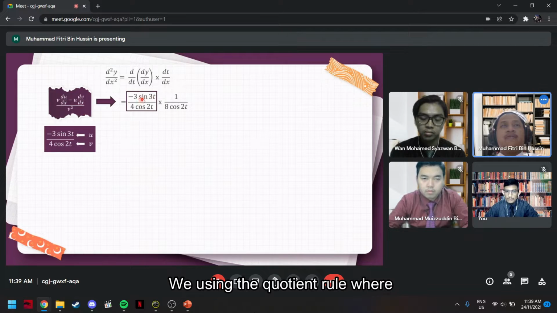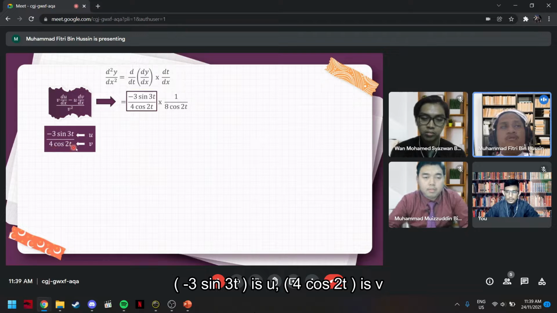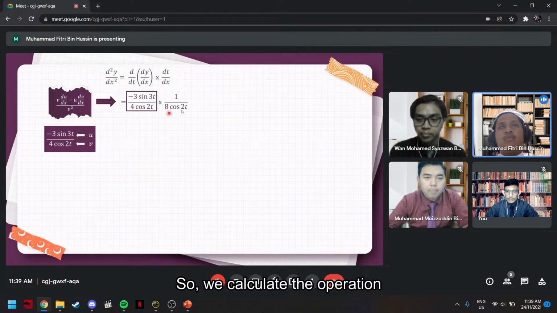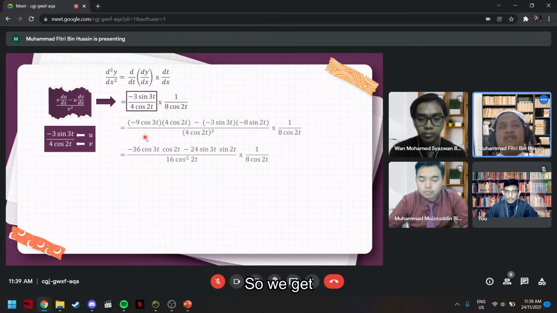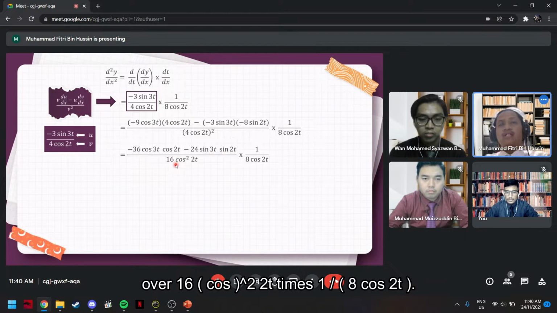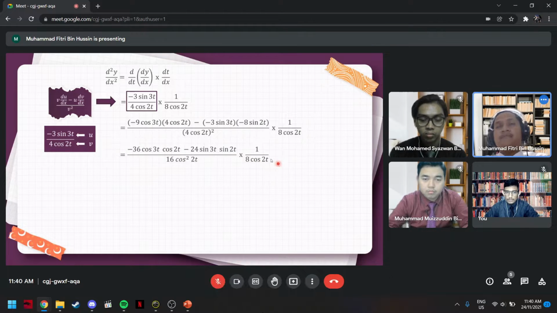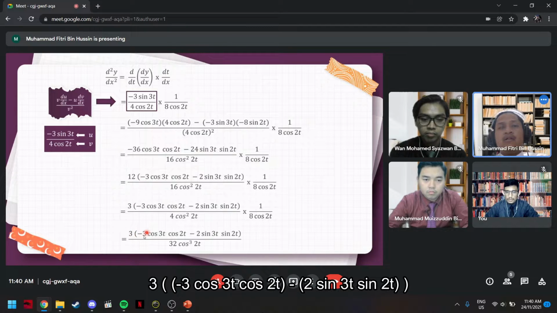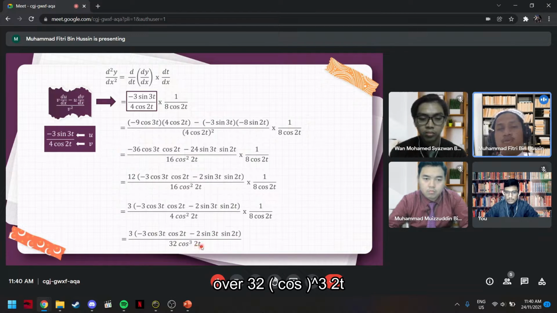We use the quotient rule where negative 3 sin 3t is u and 4 cos 2t is v. So we calculate the operation. We get negative 36 cos 3t cos 2t minus 24 sin 3t sin 2t over 16 cos squared 2t, times 1 over 8 cos 2t. We simplify and factorize, and we get 3 times negative 3 cos 3t cos 2t minus 2 sin 3t sin 2t over 32 cos cubed 2t.